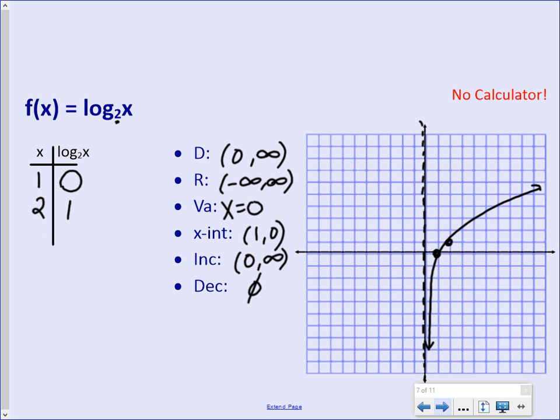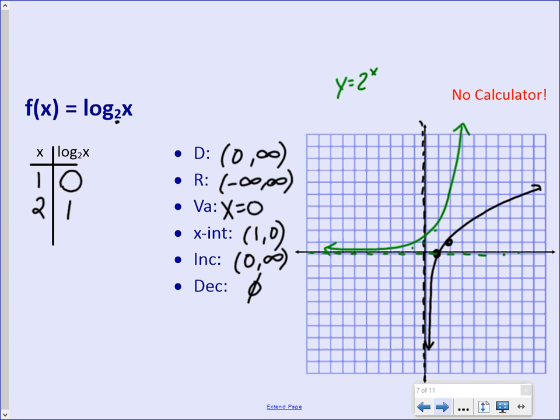On a side note, just really quickly, I'm going to graph on the same one y equals 2 to the x. We did that yesterday. Negative 1, 1/2; 0, 1; 1, 2, and I had a horizontal asymptote at y equals 0. So here's my graph. How are those two graphs related?